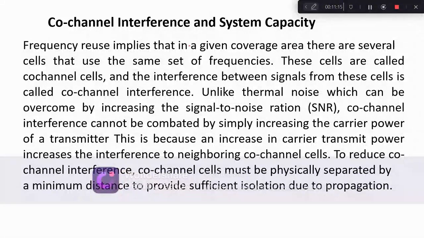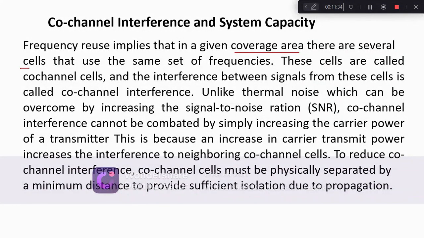So frequency reuse implies that in a given coverage area, like H11, the whole sector of Islamabad, there are several cells.